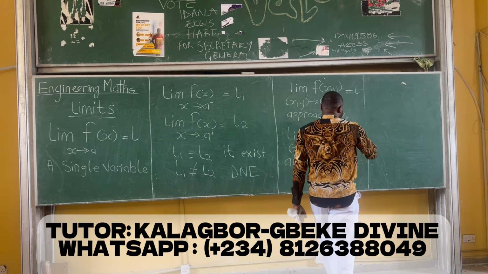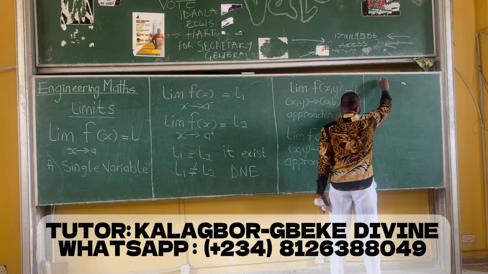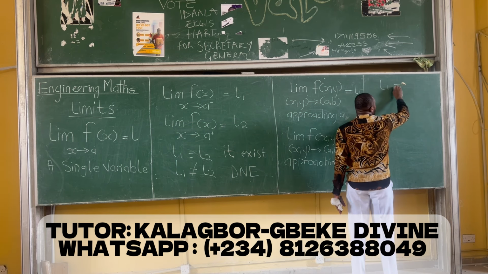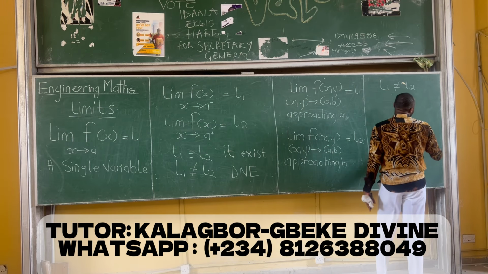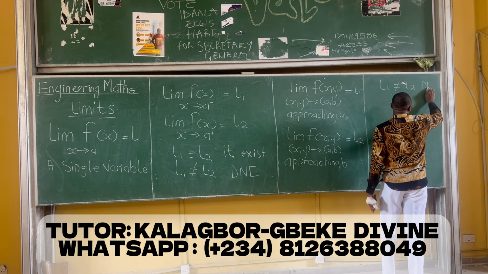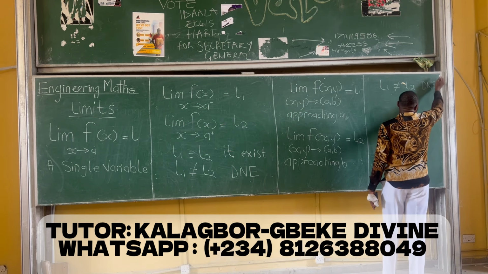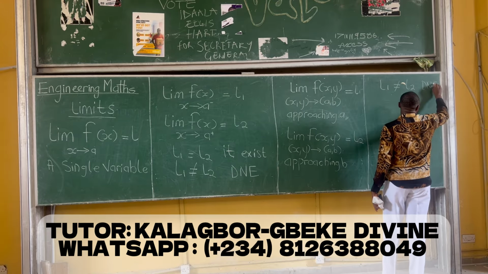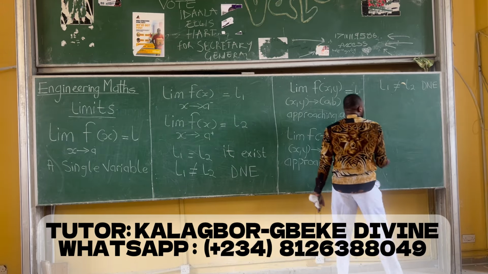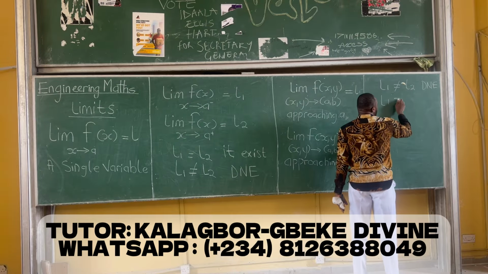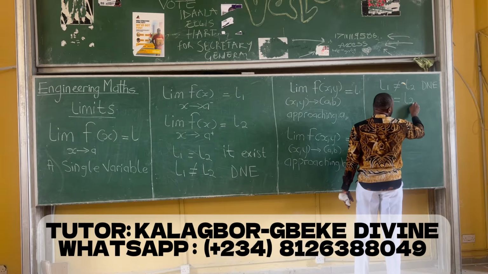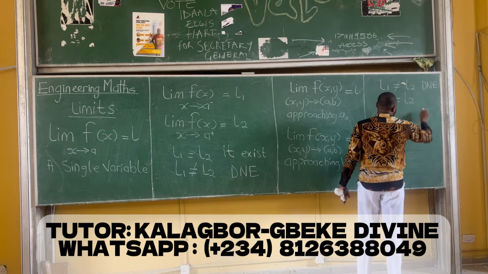We can now say that if L1 is not equal to L2, the limit of several variables does not exist. But we cannot say L1 equals L2 means it will exist.